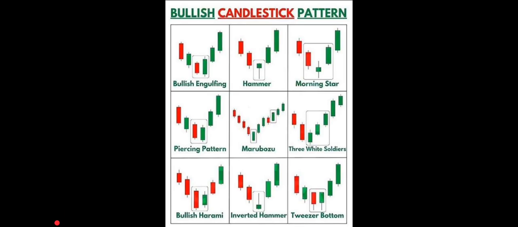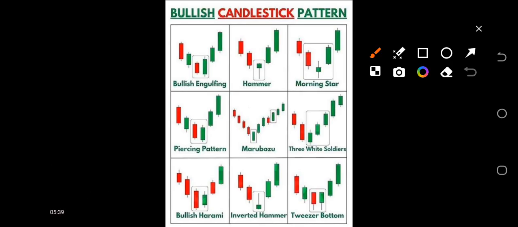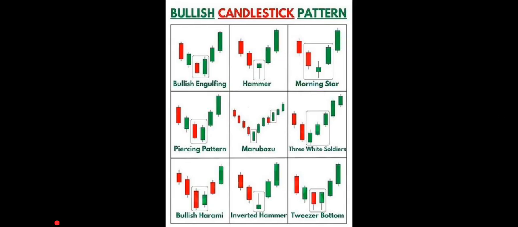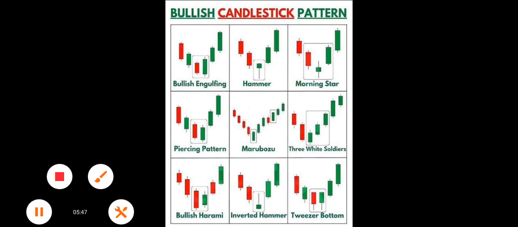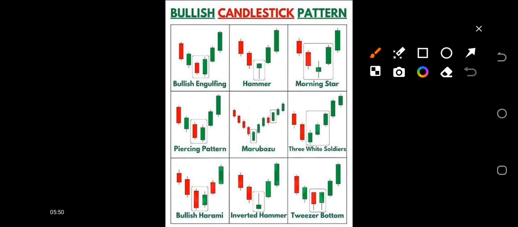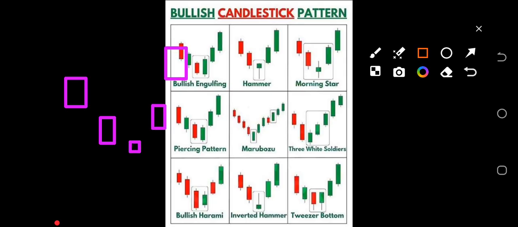Now this candlestick is known as a morning star candlestick. The morning star will always appear on a downtrend. You are seeing a downtrend like this, and then you see something little like this, and then an uptrend.